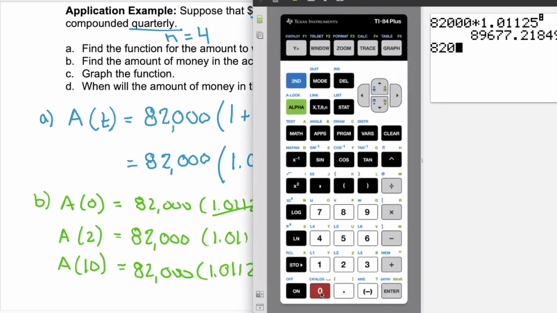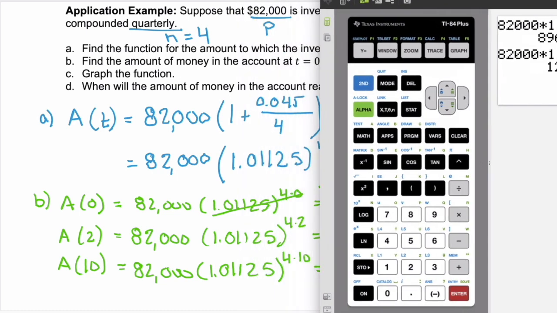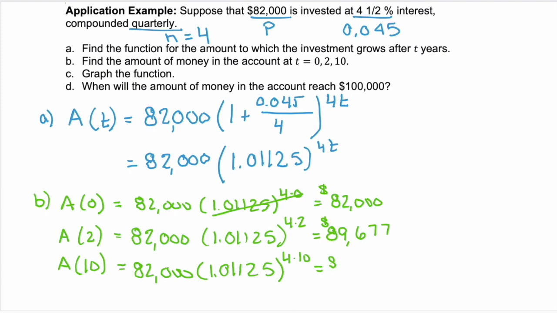So 82,000 times 1.01125. Use that caret key to get our exponent, and our exponent is 40. Hit enter, and after 10 years, we have $128,000. That sounds good to me.